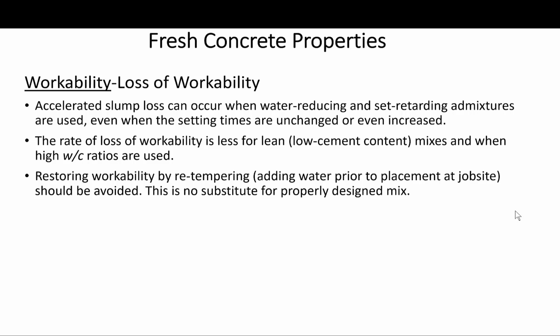Lean mixes, those are with low cement content, and when high water cement ratios are used. So the loss of workability is less in those two cases. Also, you have to keep in mind, as we have probably discussed before, the brand of cement is also important, since basically two cements of the same type can have different compound composition.